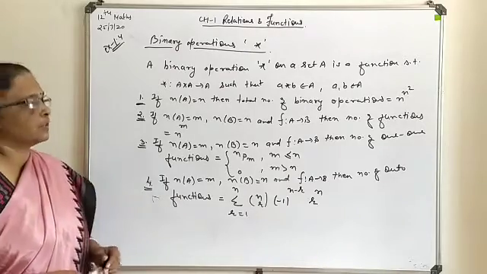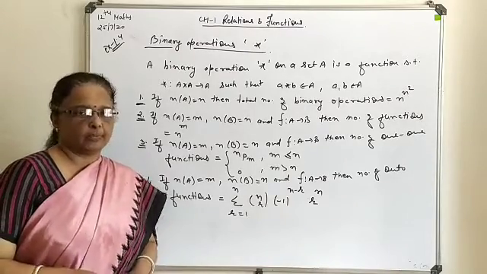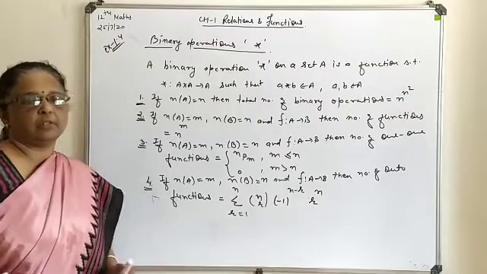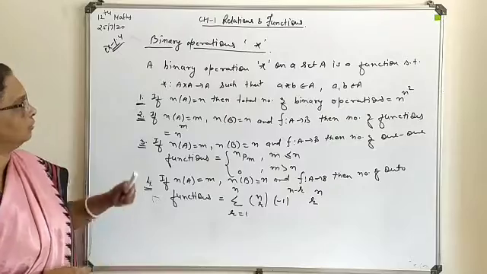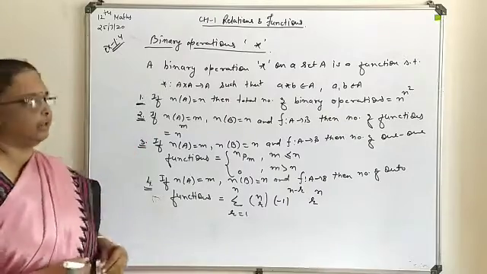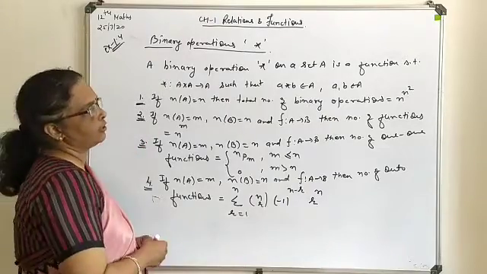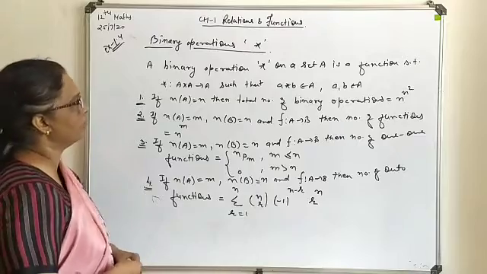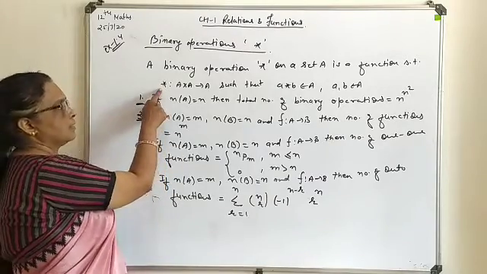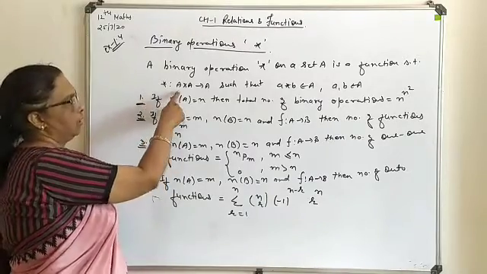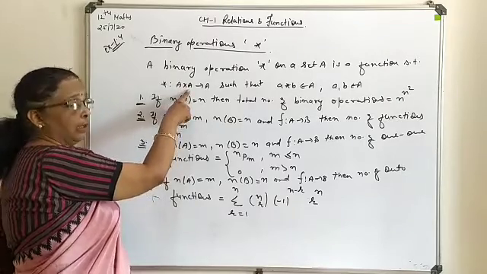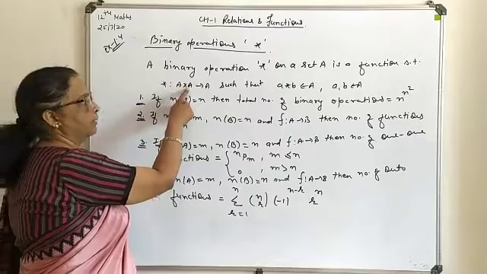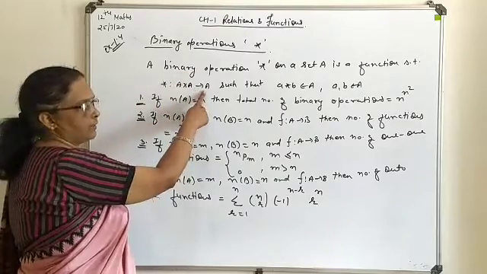Yesterday we introduced the binary operation. To introduce a binary operation we require a set on which we can define it. So let's repeat the definition: a binary operation on a set A is a function, and we have to treat it like a function. It is defined on the Cartesian product, A cross A, and as an answer you will get a single answer.